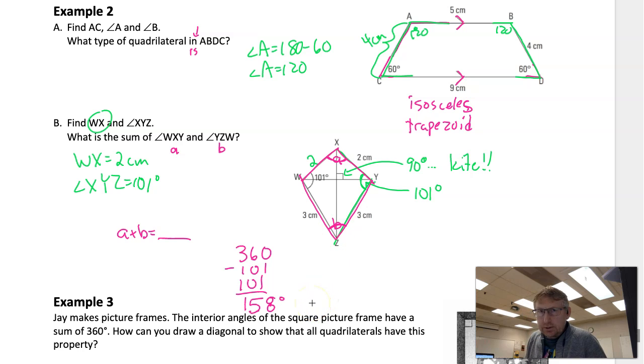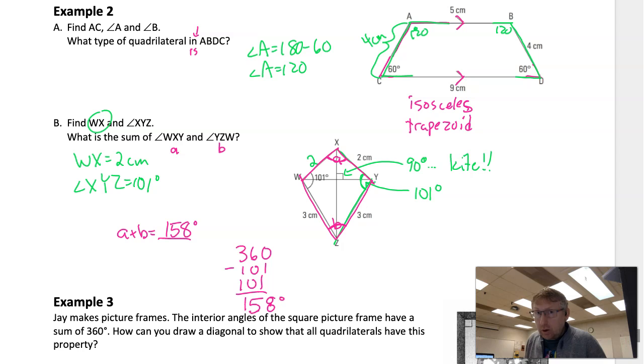At this moment, we don't know the size of A and the size of B, but we do know that together they have to make the rest of the 158 degrees. Could we find them? Probably, if we used our sine law or cosine law or SOHCAHTOA, we could find it.